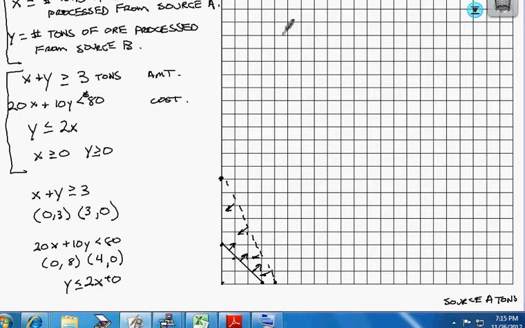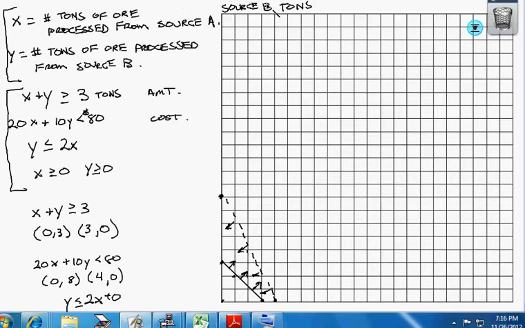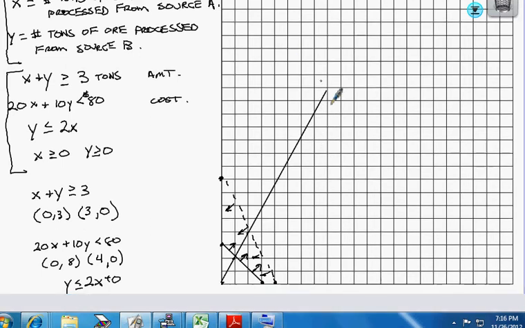So I have a solid line starting here at 0, 0. And if I pick, for instance, 1, 0 as my test point, 0 less than or equal to 2 times 1 is 0 less than or equal to 2. The answer is yes. So I'm going to shade on this side of the line.